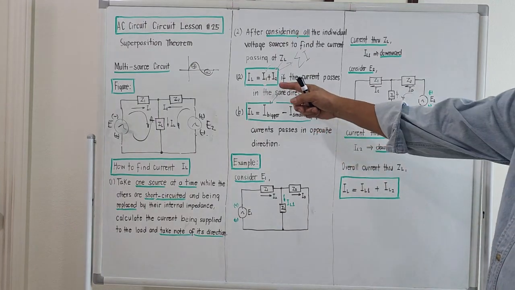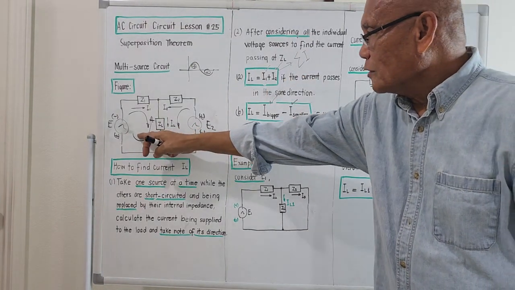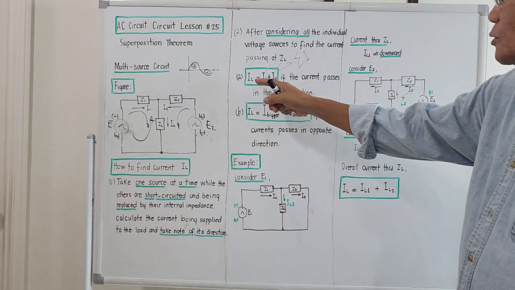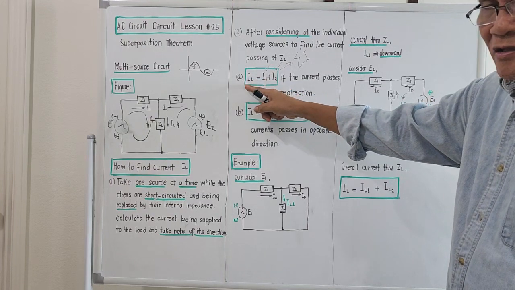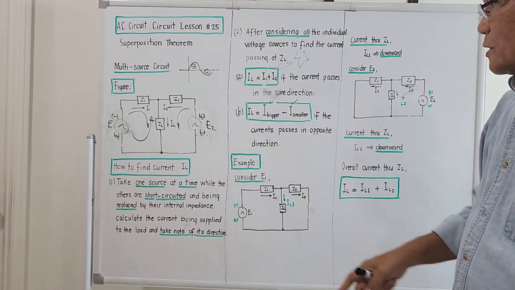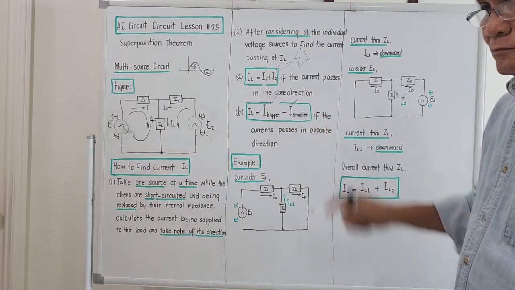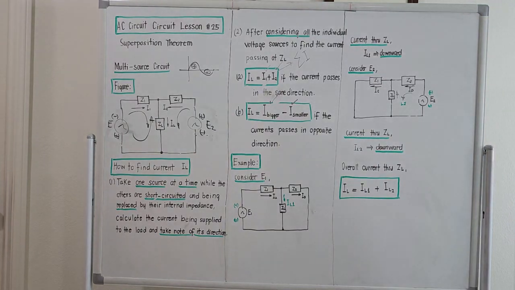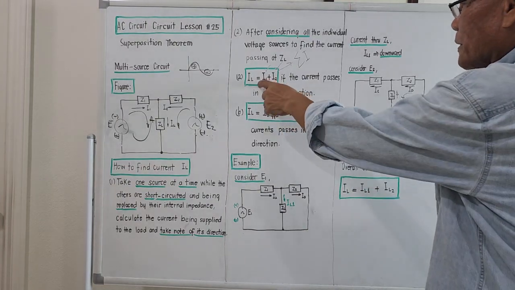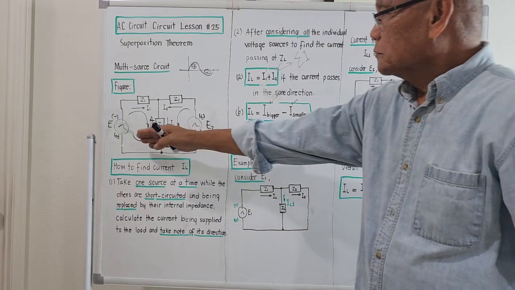Okay, that's how we compute for the current passing through load ZL if we are given two voltage sources. If they go in one direction, the total current passing through ZL will be I1 plus I2. If they are in opposite direction, it should be the bigger current minus the smaller current. That's the superposition theorem. And the computation of the current values I1 and I2, just use your knowledge of Ohm's law, right?